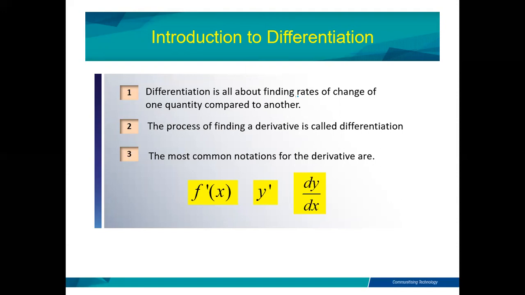So what is rate of change? Kadar perubahan, the rate of change of a quantity with respect to something else. For example, the rate of change of water filled in a barrel with time. That is also a rate of change, also known as differentiation.